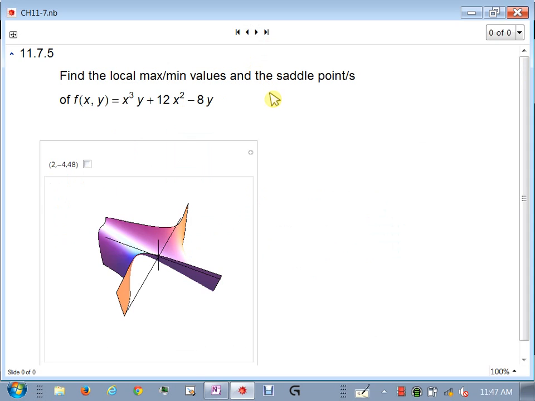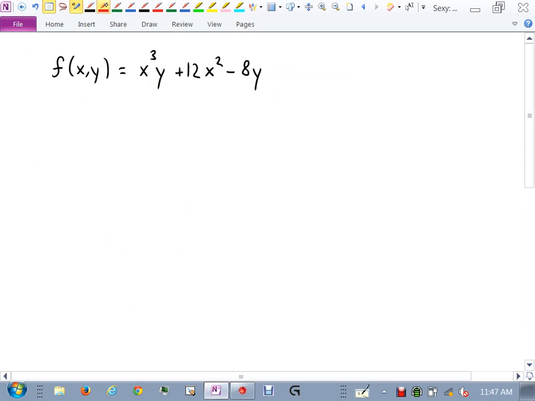One thing at a time. I'm going to go through and just knock this one out. Knock all the partials out first. Partial with respect to x, 3x squared y plus 24x. Partial with respect to x again, 6xy plus 24.